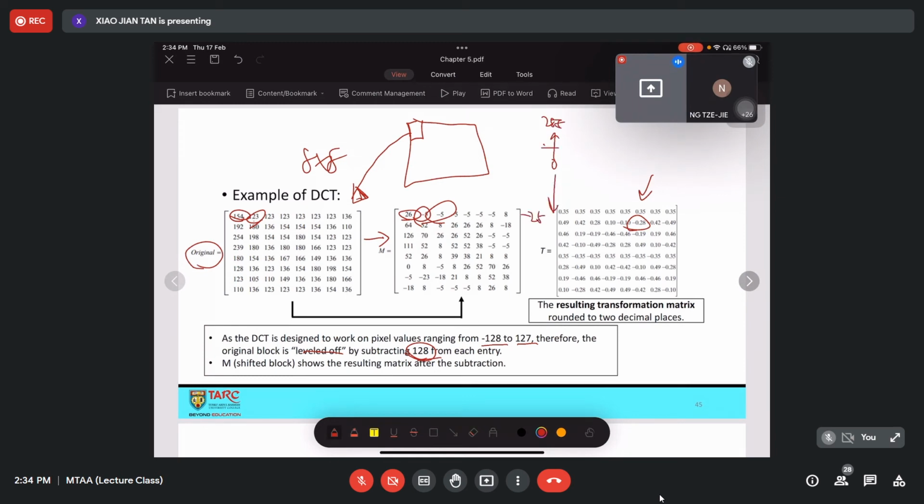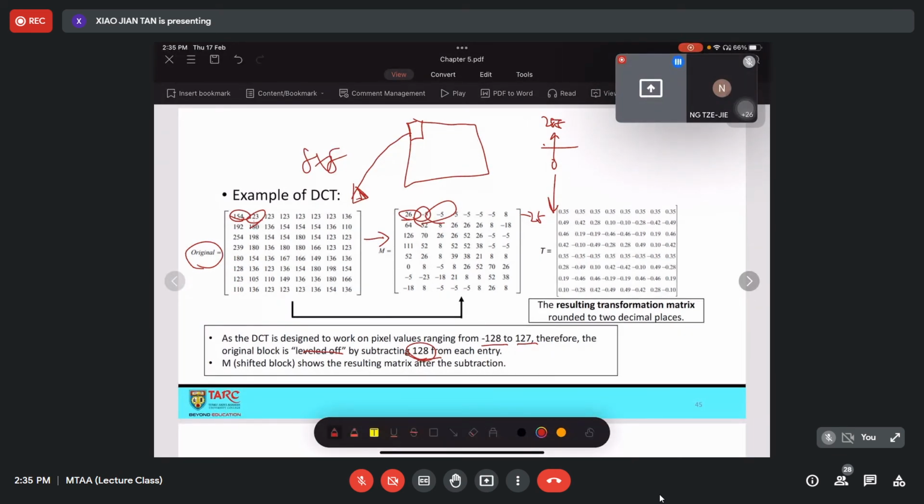Instead, we cut it in half: you move the entire thing downwards, so you will have a 0 point here, then 127 and -128. So now you have something very similar to a sine wave. This is the reason why we subtract 128.